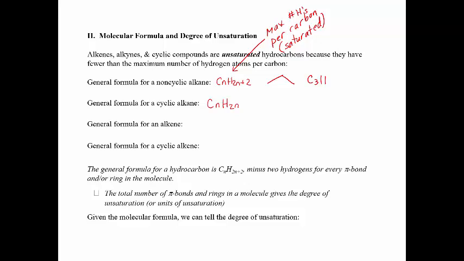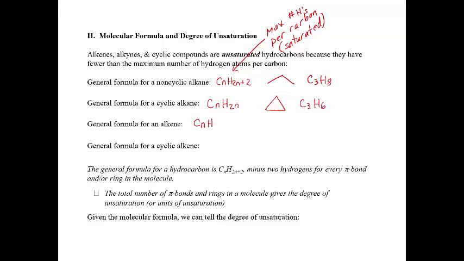That's C3H8. Now, if we take 3 carbons and we put them into a ring, now we have C3, and we have 1, 2, 3, 4, 5, 6, C3H6. We've dropped 2 hydrogens.